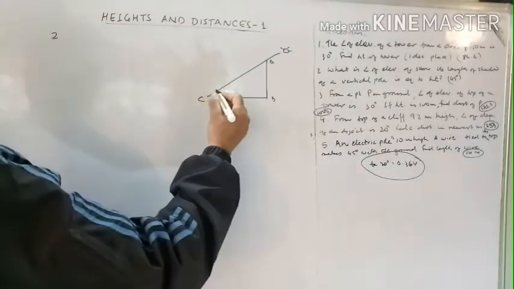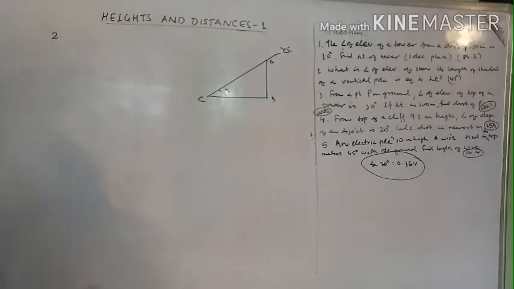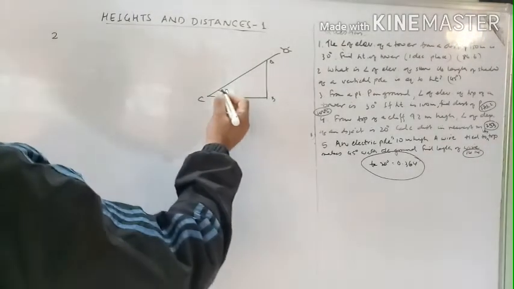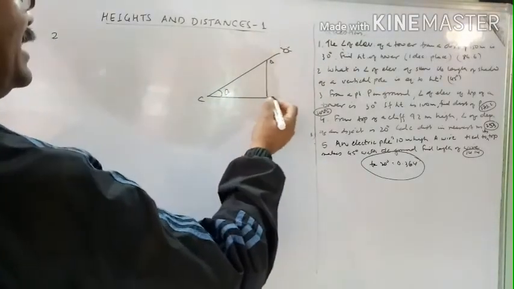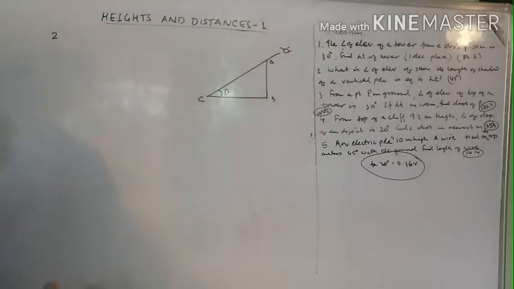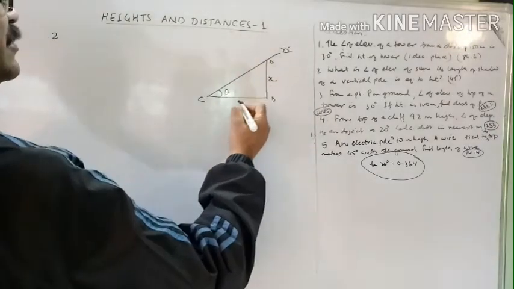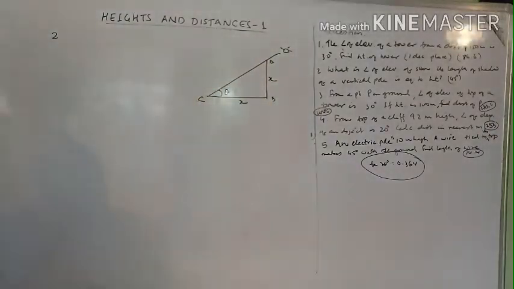Okay, what is the angle? Suppose this is theta, the angle of elevation. So the question says, what is the angle of elevation if the height of the pole is equal to the length of its shadow? So height of the pole is x means length is also x.